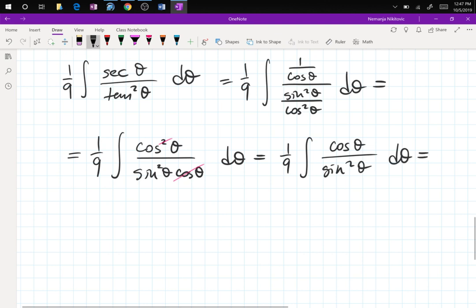And this is great because u equals sine, right? U equals sine, and you have a cosine on top for du.